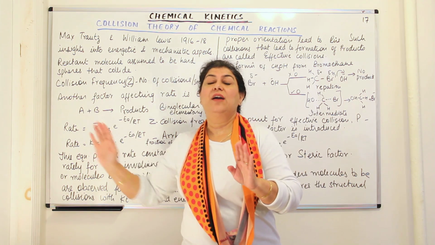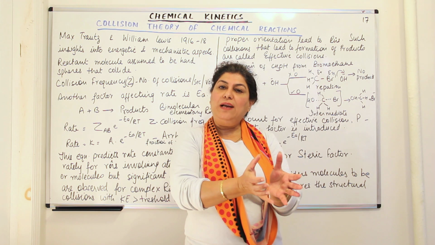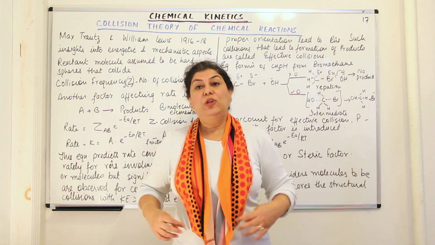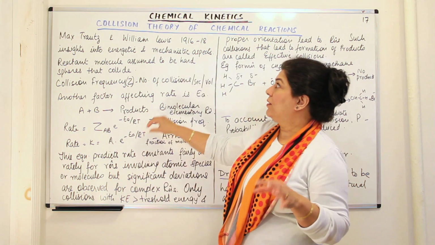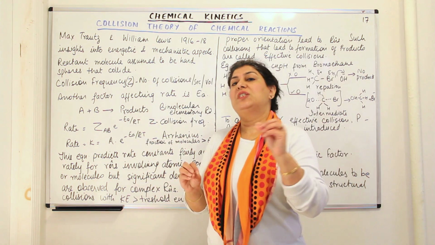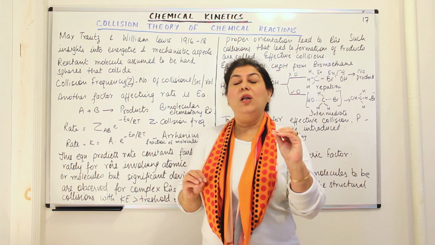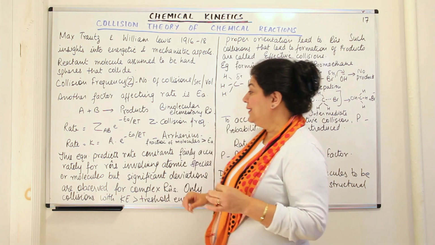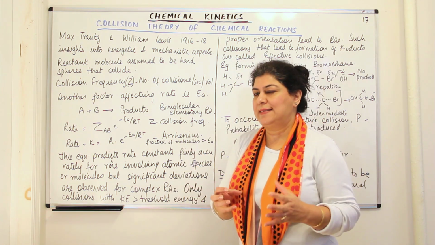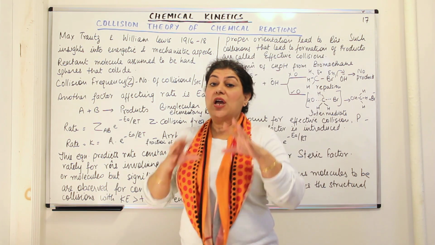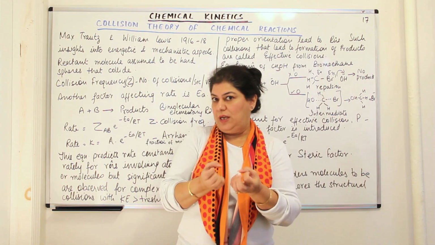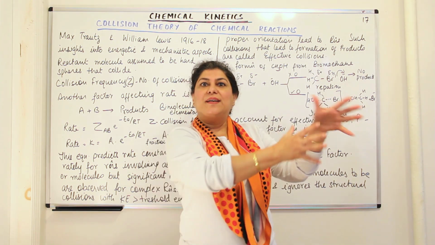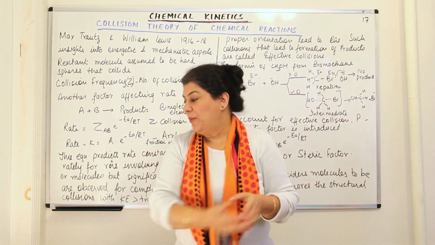It would start deviating from the theoretical value that you would calculate and what the rate of reaction actually was. Therefore, although the collision theory was applicable to simple reactions, it was not applicable to more complex reactions. So there was something else definitely affecting the rate of reaction which we were not noticing because the reaction was simple, and this factor came into play when the reaction became more complex.